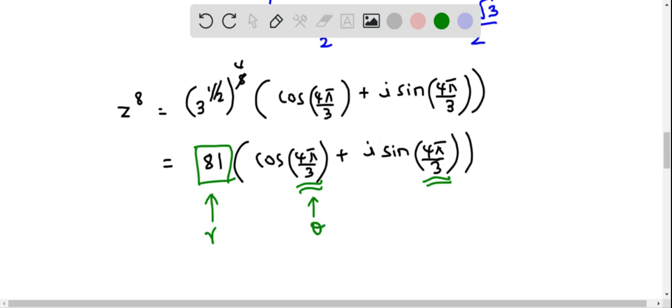So this complex number expression is written in terms of r e power i theta, and this equals, replacing r by 81, 81 e raised to the power of i times, replacing theta by 4 pi over 3. So this is the exponential form of the complex number expression, which is z power 8.